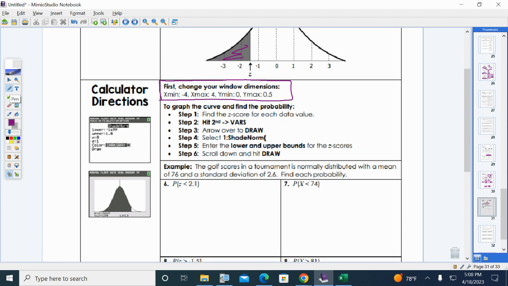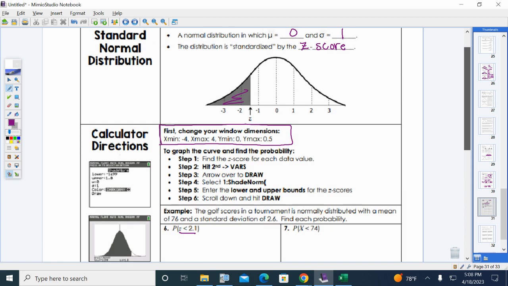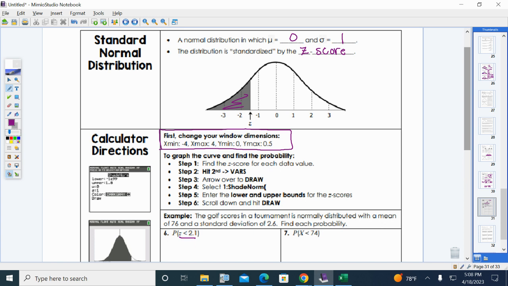So to calculate this probability, this percentage, you first have to find the z-score, which we have. Z is going to be the 2.1. Actually, let me back up, because on a normal distribution curve, I forgot to mention that you have a positive infinity out on the right and a negative infinity out on the left.